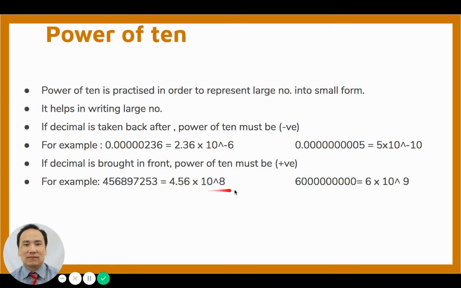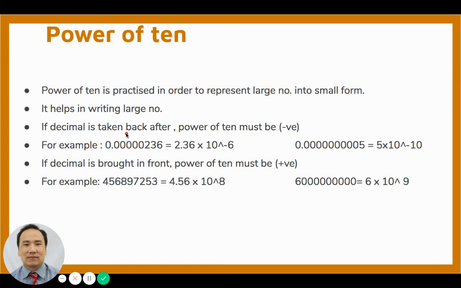It will be easy to write and easy to read. For that we have two methods. If you take the decimal back, then the power of 10 is always represented with a negative sign, and if you bring the decimal in front, then the power of 10 is represented by a positive sign.